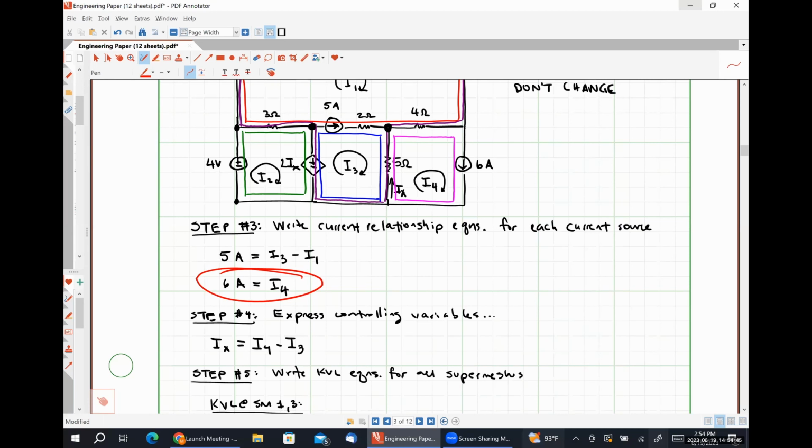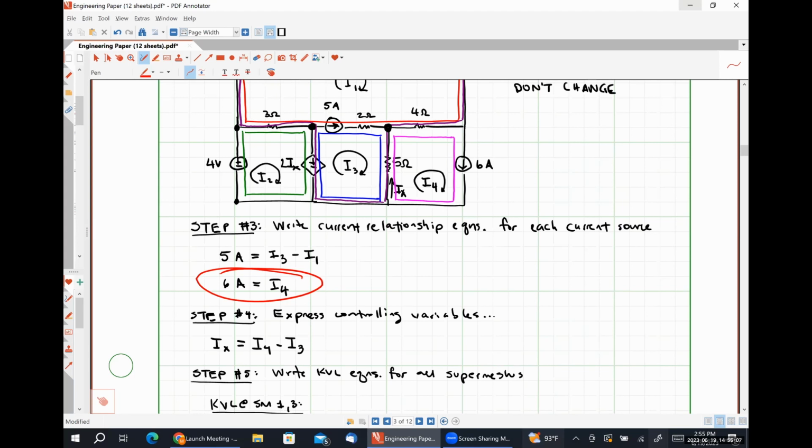A, it's entirely unnecessary because our current relationship equation gives us all the information that we would need. And B, we actually can't. If we were to try to write a KVL equation around that loop, we would wind up having to take the voltage drop over the current source, which we cannot express in terms of our mesh currents.